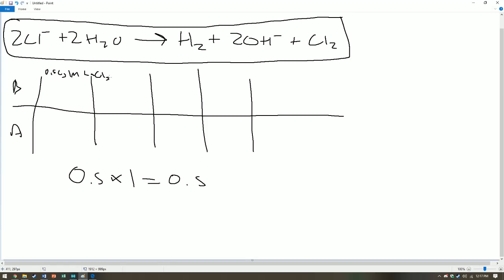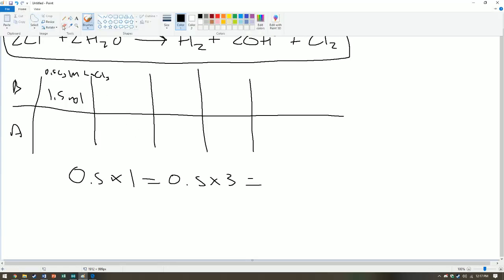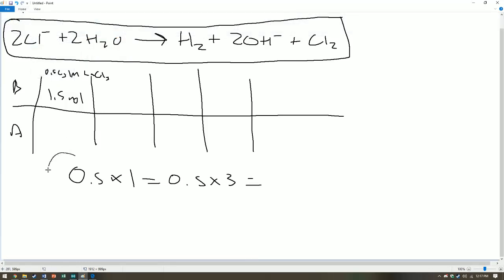But remember, since there's 3 chloride ions for every mole of salt, we need to multiply this by 3 because it is triple. So there's 1.5 mole of that, right? And now we can do a little dimensional analysis. And I forgot to give you Faraday's constant. That's in your data booklet, so no fret.